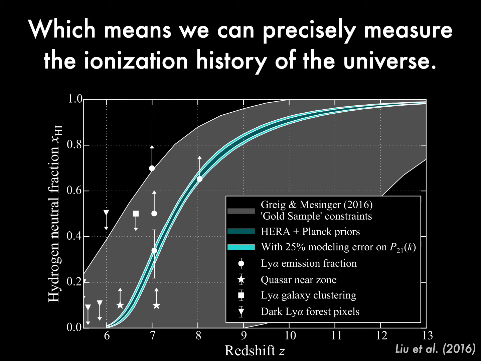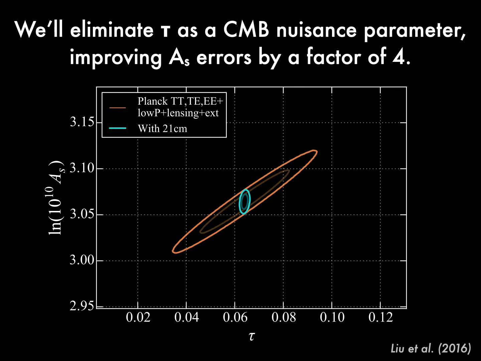And with that kind of constraint, we should be able to effectively eliminate tau as a CMB nuisance parameter. In the CMB, tau is degenerate, as many of you know, with A_s, the amplitude of scalar fluctuations from presumably inflation. And if we can eliminate tau, we can do a much better job measuring A_s, or equivalently sigma 8.